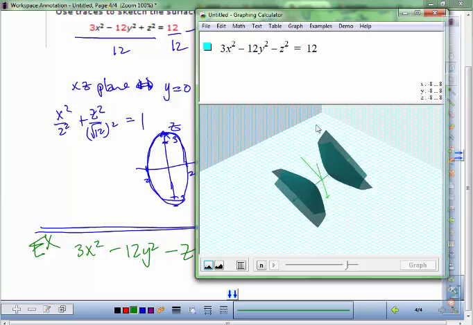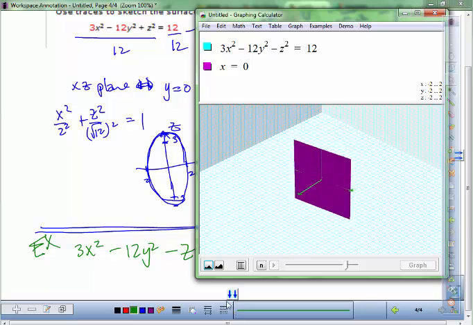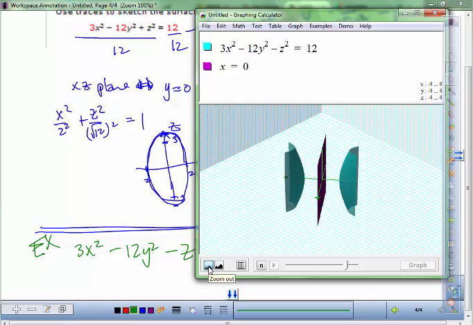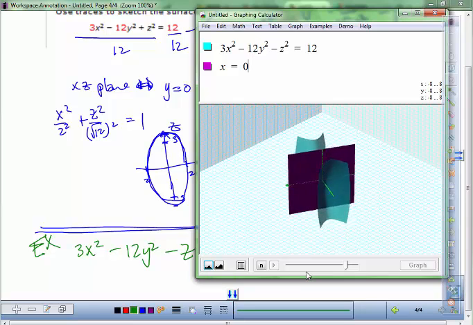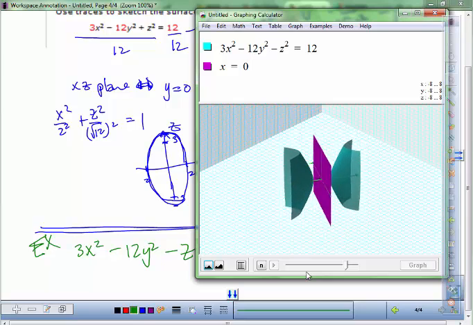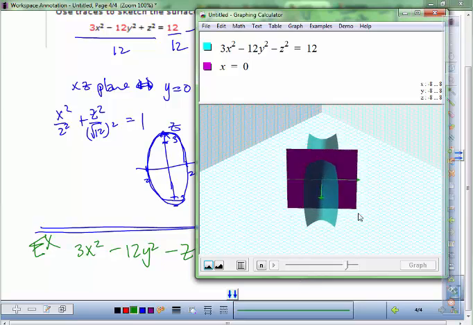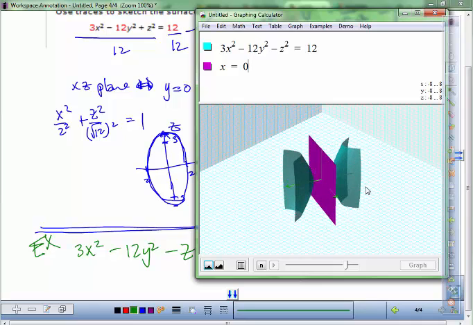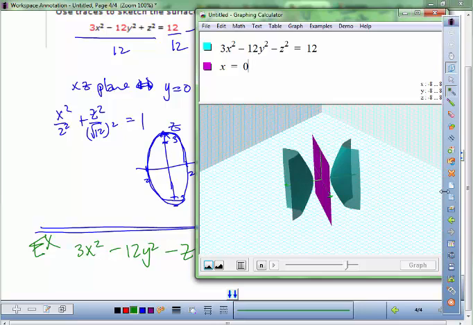And at x equal to 0, I see that my plane at x equal to 0 is not intersecting this graph at all. So if I were to try to let x equal 0 mathematically or algebraically, I'll get a negative number equals positive 12, which isn't going to happen.